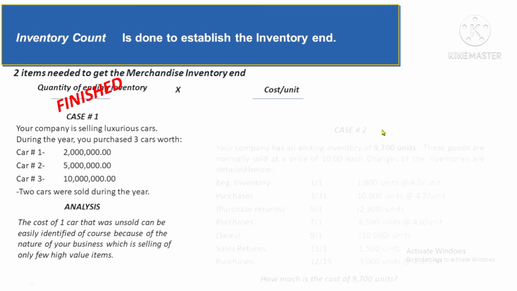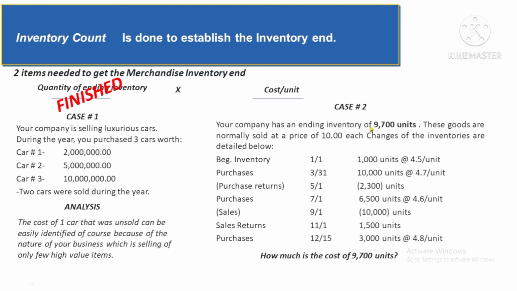We have here another case. In this case, as you can see here, the purchase of goods is of large quantities, plus the goods are purchased at different dates and at different prices. So if you have this ending inventory, which is in this case 9,700 units, it would be difficult to specifically trace the cost of this because you will be confused.